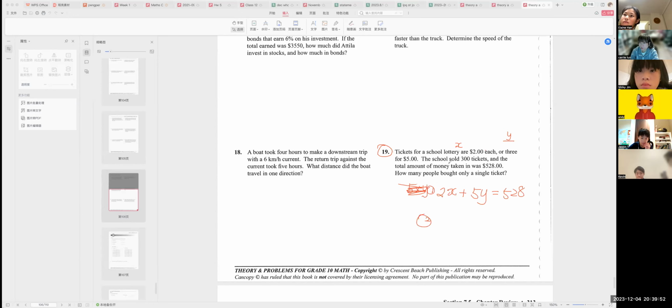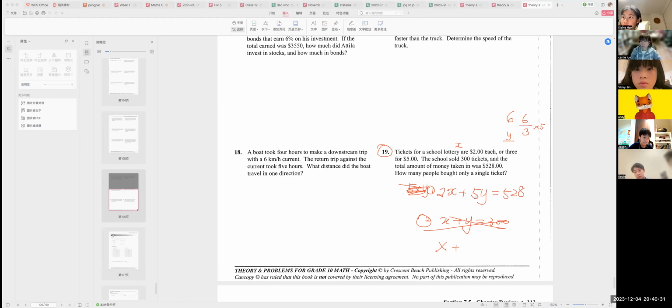But the second one, sold 300 tickets, is not X plus Y equals 300. That will be wrong. X is no problem, but Y is every 3 tickets I got for $5. Get it? So for this Y, if it is 6, I should have 6 divided by 3 times 5, correct, everybody?